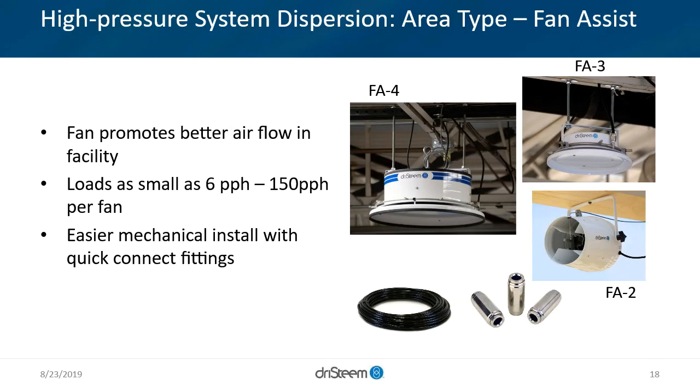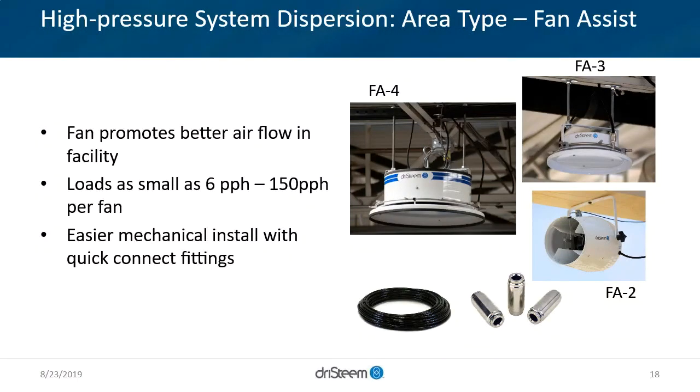So some different capacities: these can be added essentially anywhere from 6 pounds an hour, which would be the FA2 style, all the way to 150 pounds an hour per fan for the FA4. Really, the benefit here is utilizing quick connect hosing and fittings, and helping on that install side of things as well.